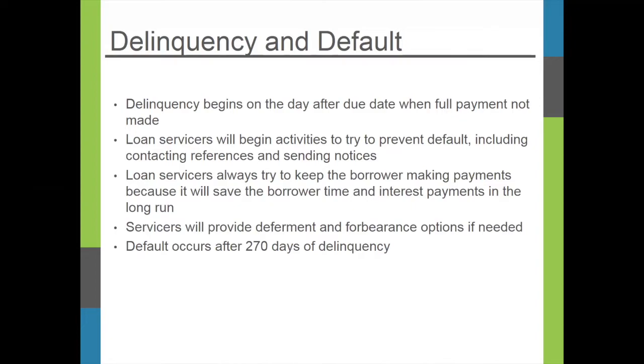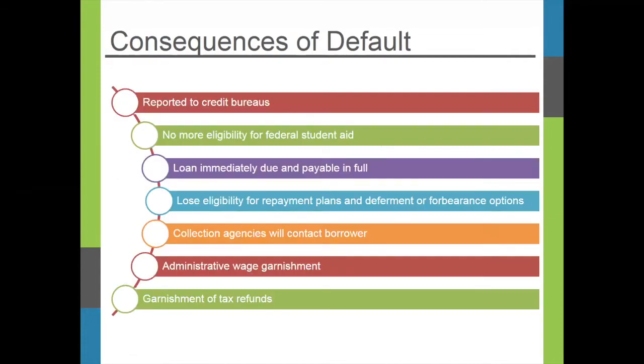It's okay if you are delinquent maybe a month or 2 months, but you do not want to reach that 270 days, because once you do, you default on your loans, which hurts you and it hurts your institution. So you never want to default on your student loans.